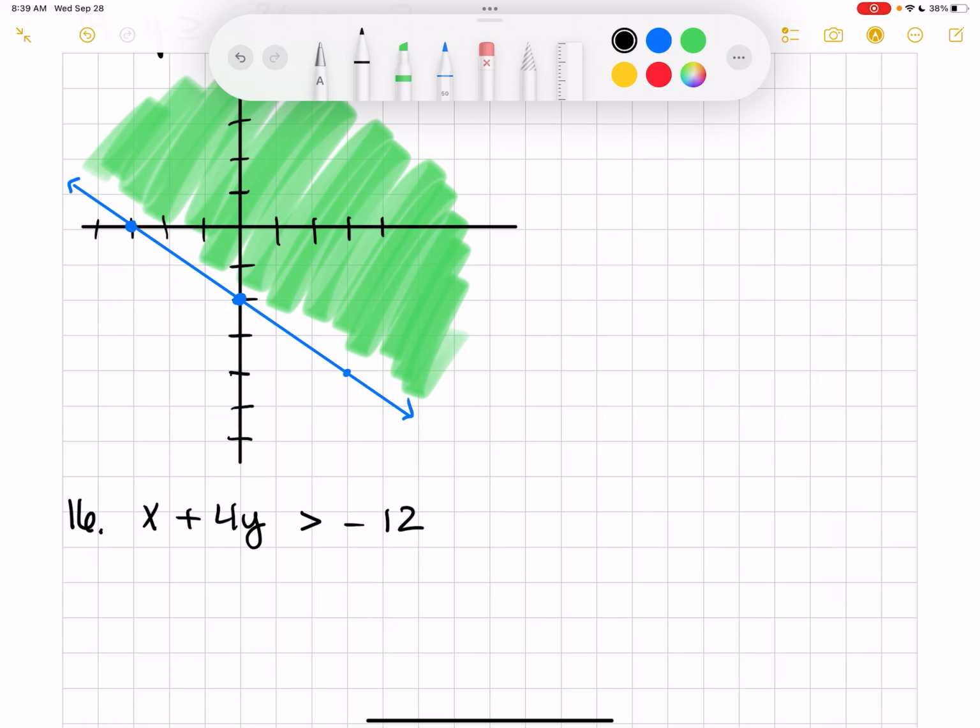All right, so you have a couple options here for graphing this. You could use the intercept cover-up method if you wanted to do that, or you could actually go through and graph. The only thing if you do the intercept method is that you've got to draw a really big graph because it's going to end up being x is negative 12.